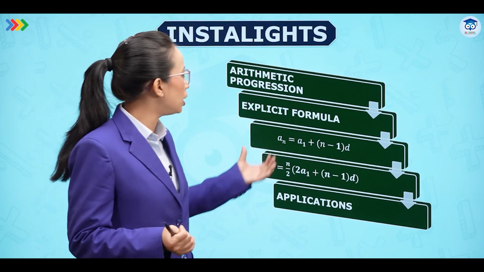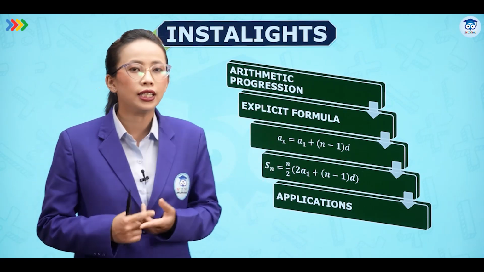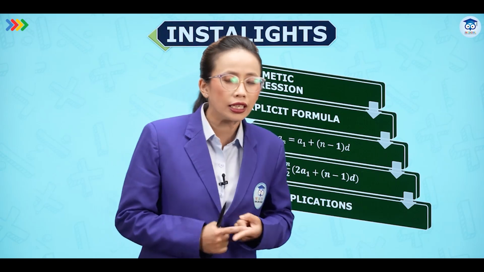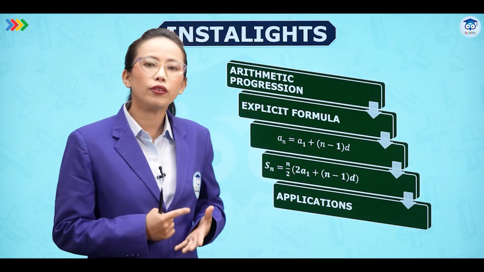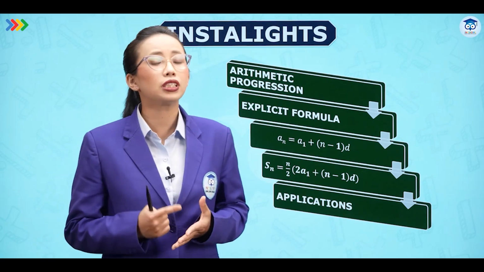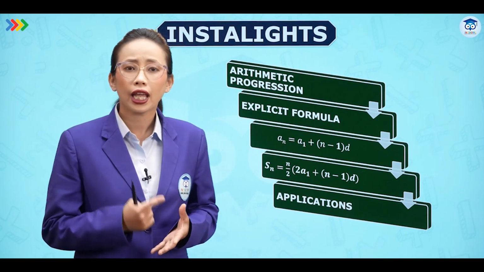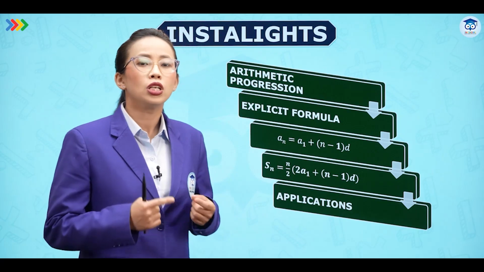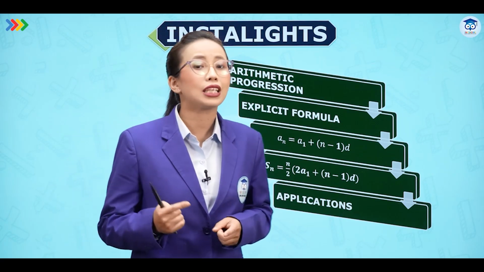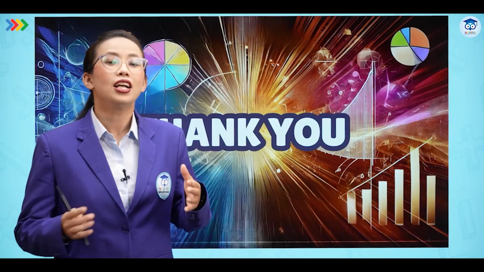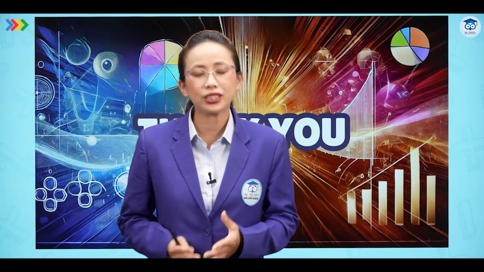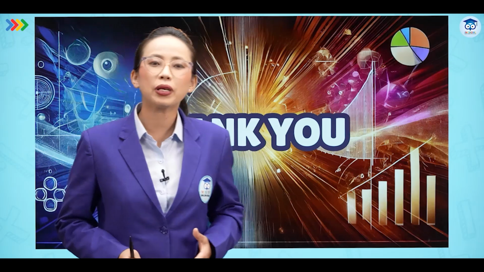We have also learned the two main formulas, that is finding An, the nth term, that is A1 plus (n minus 1)d, and also finding Sn, the sum of the first n terms, which is given by n upon 2 times (2a1 plus (n minus 1)d). Also, we have seen a few applications of it. I hope you have thoroughly understood the entire chapter, arithmetic progression.